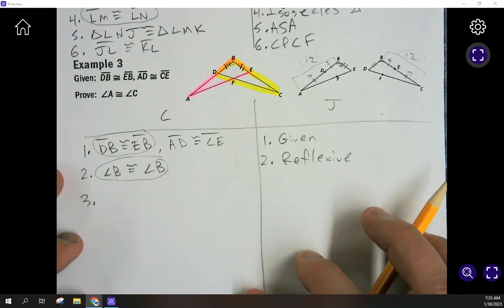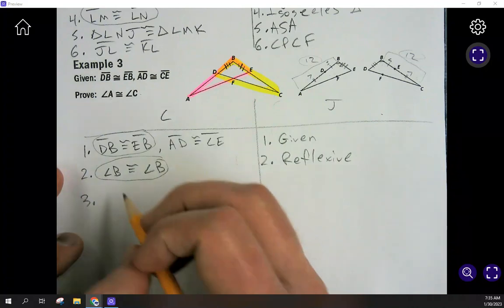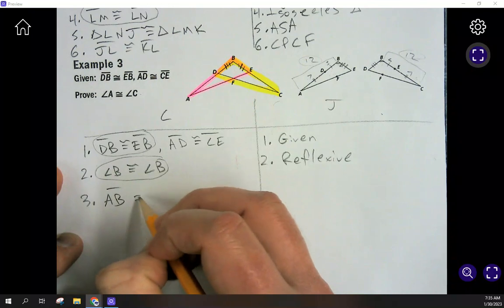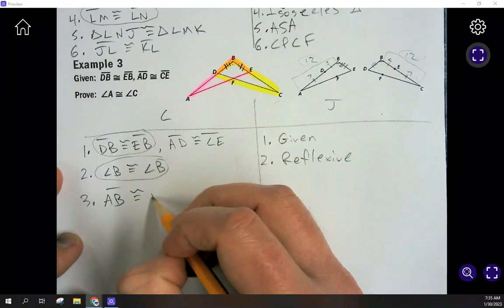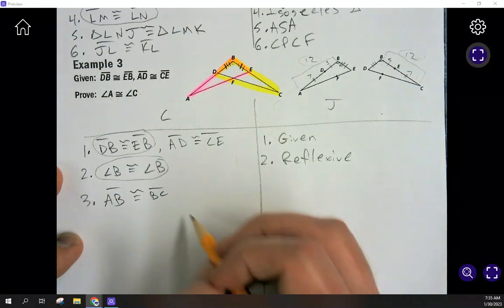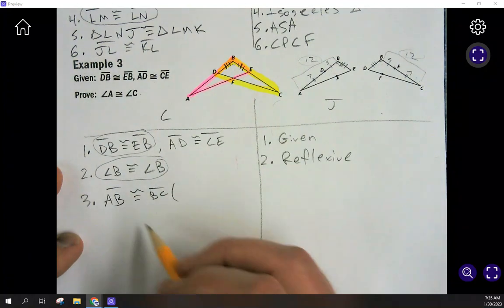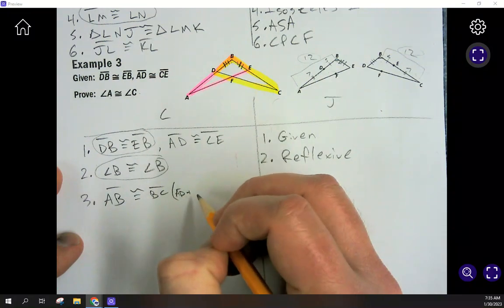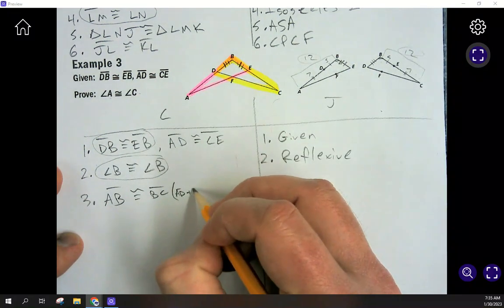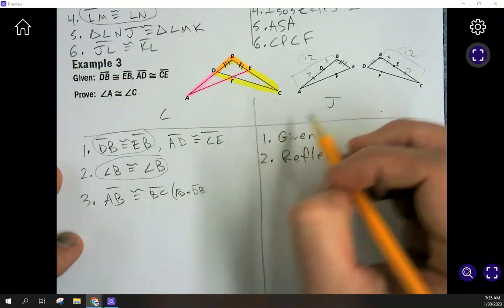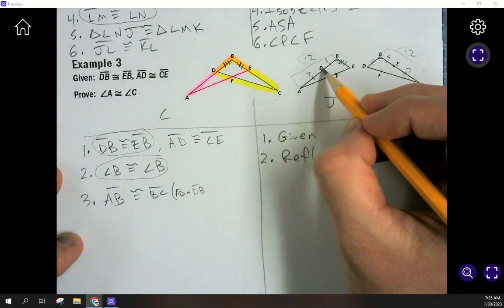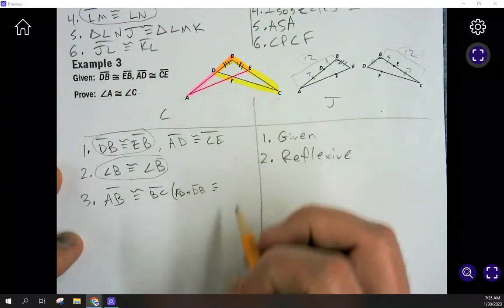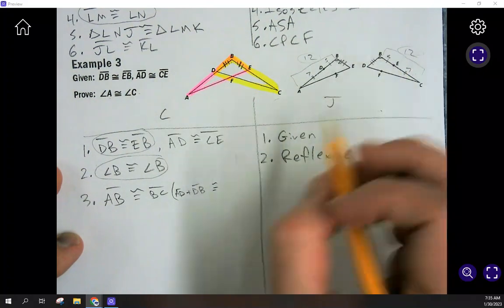We haven't used this in a proof. So let's talk about what this is going to look like. I can say that AB is congruent to BC. And for our notes, I'm going to put something in parentheses right here. So AB came from AD plus DB, right? We did AD plus DB. That's to get the whole AB. That is congruent to these two added together.